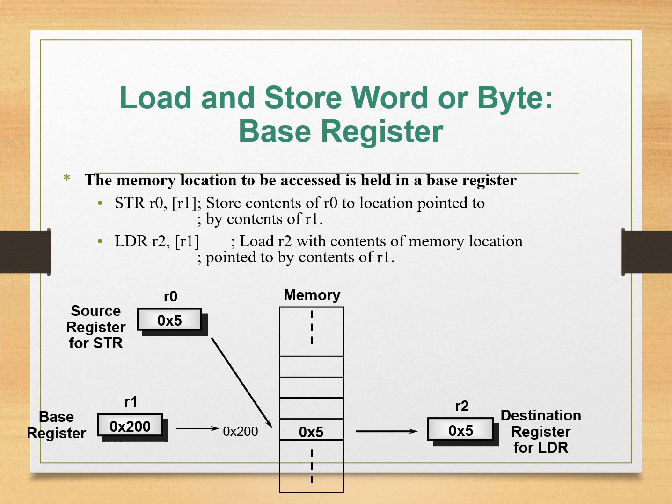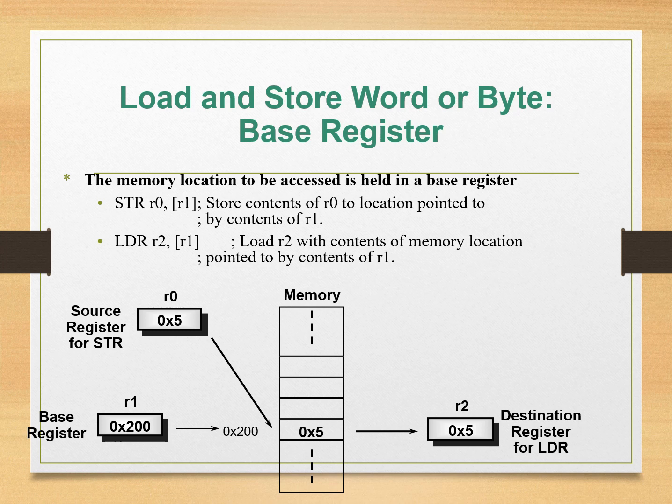Store means that we put to the memory. Okay, store whatever content in R0 to the location pointed to by the content of R1. Okay, R1 in bracket means that it is an address, the address where you want to store.